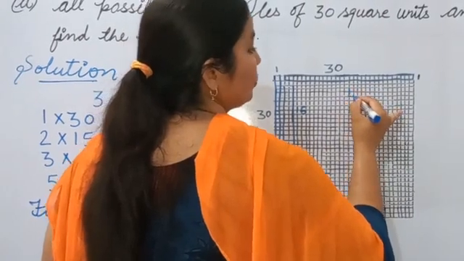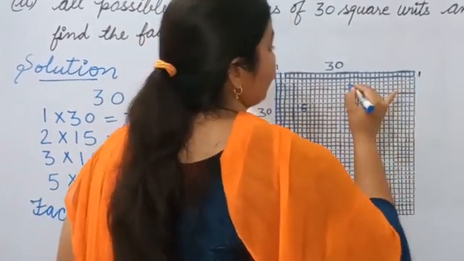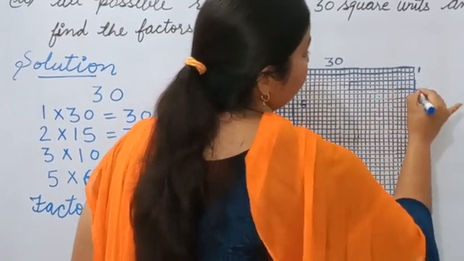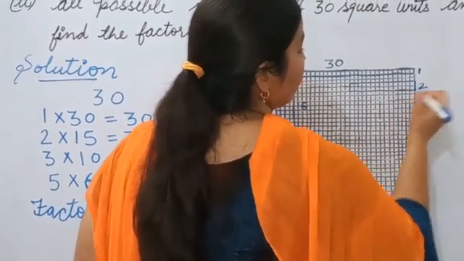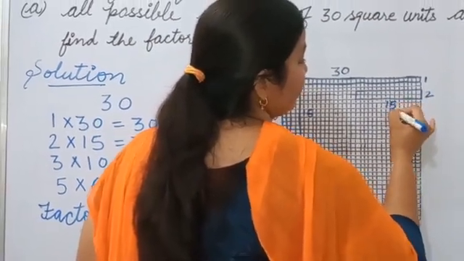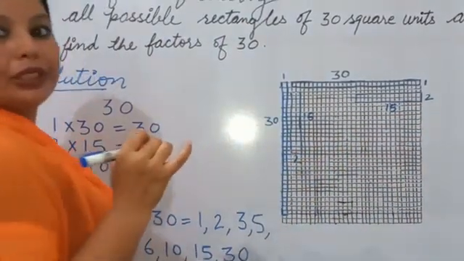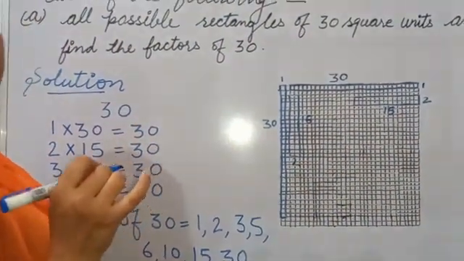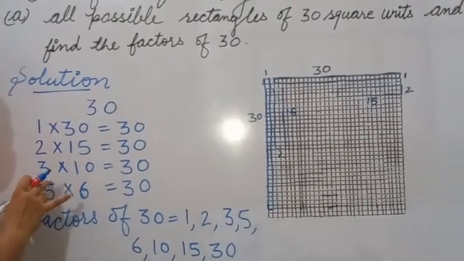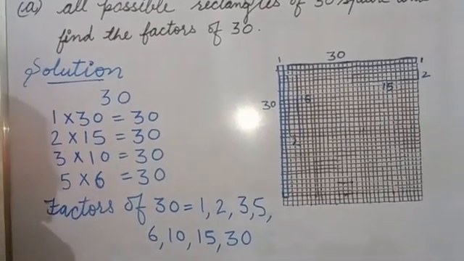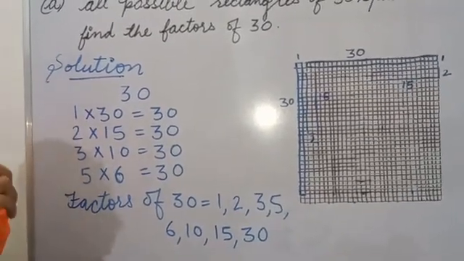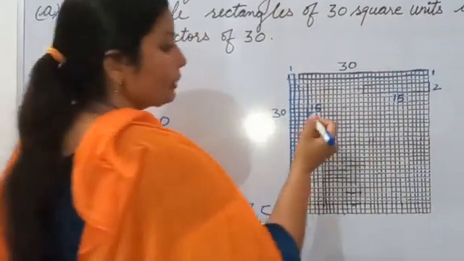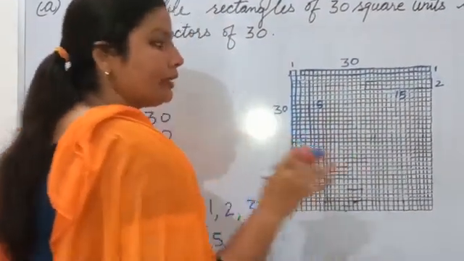And breadth is 2. So like this we can make 2 by 15. 15 is length and 2 is breadth. Then third is 3 by 10, meaning length 3, breadth 10. Here you can make it as you wish, anywhere.